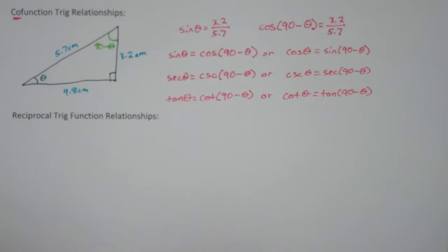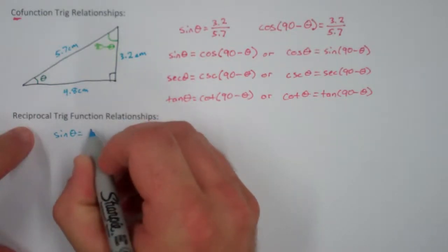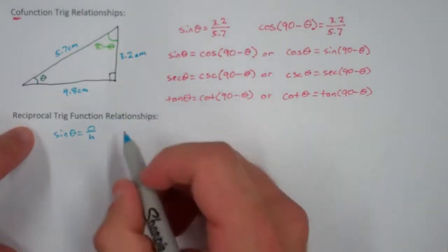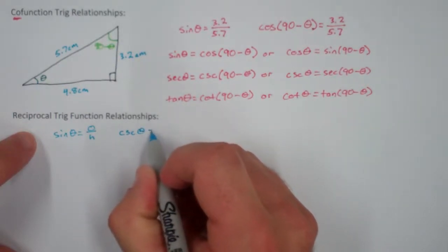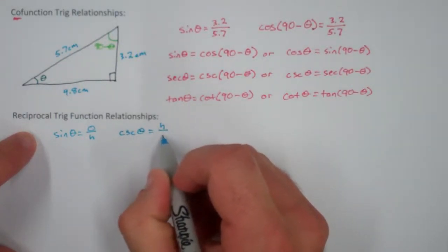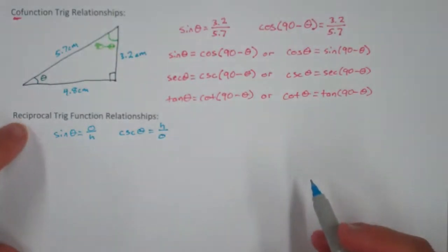The reciprocal trig function relationships are a touch different, and we've hit on them a little bit already. You'll notice that the sine of an angle is opposite over hypotenuse, and then the cosecant of that same angle is defined to be the hypotenuse over the opposite side.